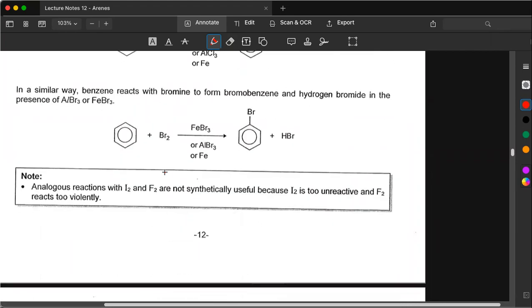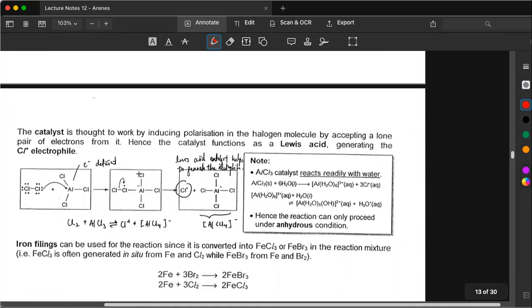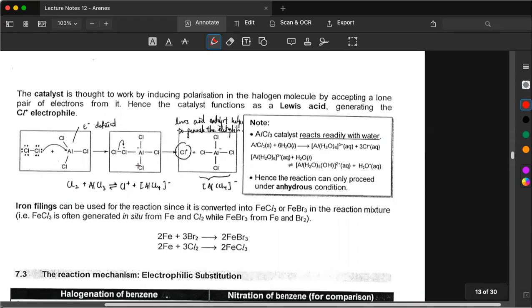I2 is too unreactive, and F2 is too reactive. The catalyst is thought to work by inducing polarization in the halogen molecule by accepting a lone pair of electrons. So the catalyst functions as a Lewis acid because it is an electron pair acceptor that will generate the Cl+ electrophile like this.